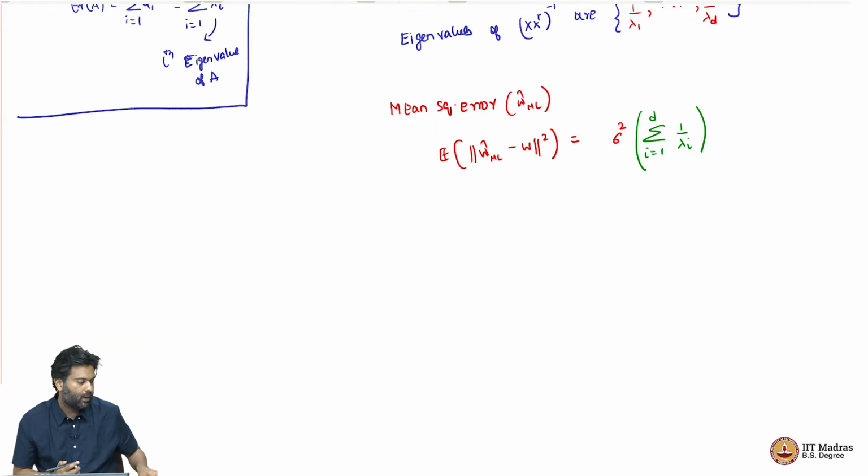This is simply because lambda i's are the eigenvalues of x transpose x, so the inverse will have 1 by lambda i's, and then the trace is just the sum of these.